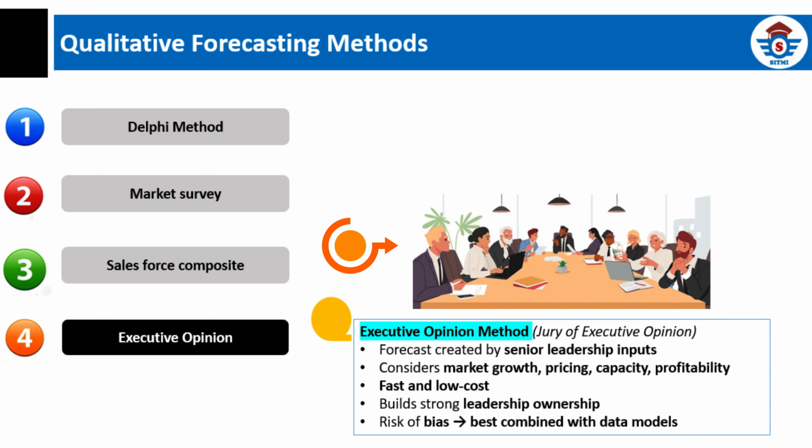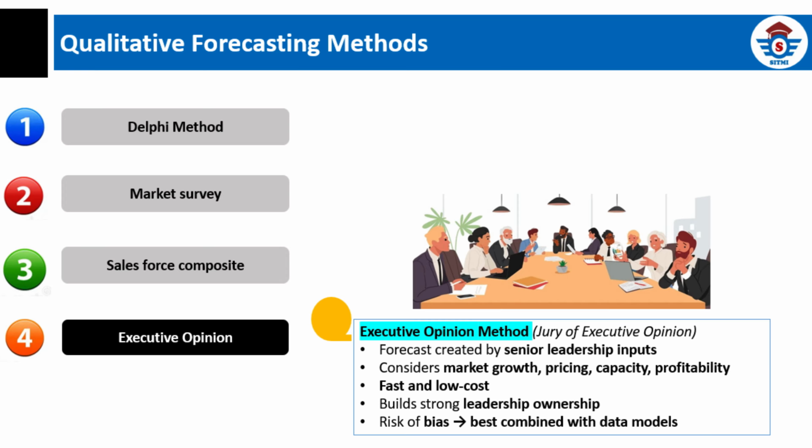The next qualitative forecasting method is the executive opinion method, also known as the jury of executive opinion. In this approach, senior leaders or executives from different functions like sales, finance, manufacturing, and operations come together to give their individual demand estimates. These estimates are then consolidated into a final forecast.